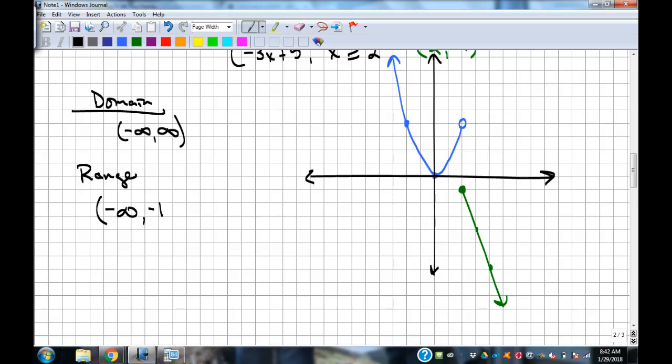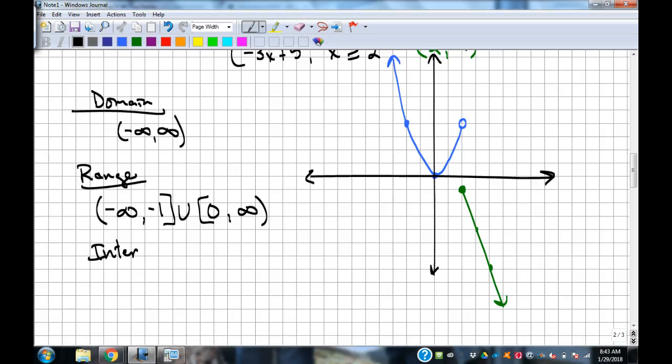It is, because the dot is what? Filled in. So we put a bracket, union. What's the first y value on the blue one? 0. And then it goes how far? To infinity. The right side stops here at 4, but the left side keeps going to infinity. So whichever one goes furthest. So there's our range.